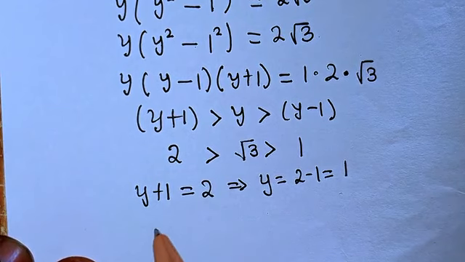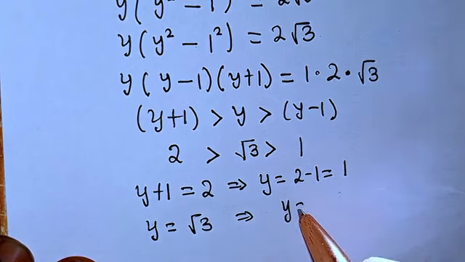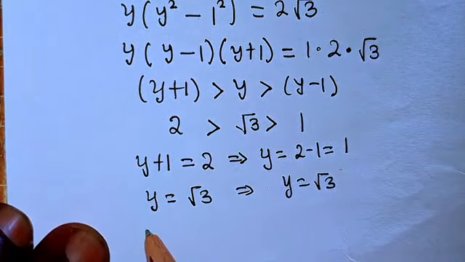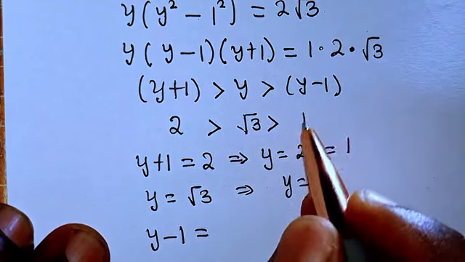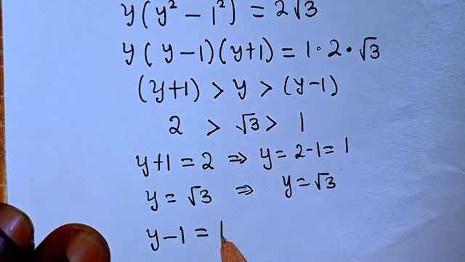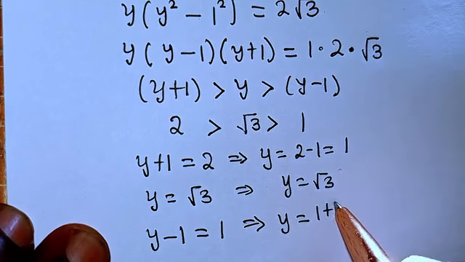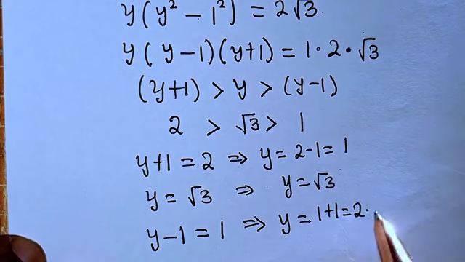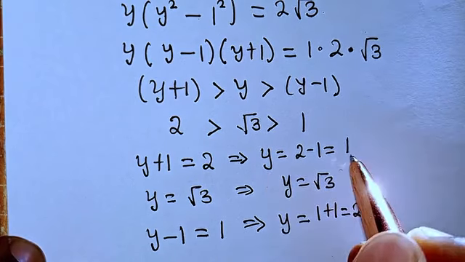Also we have y equals root 3. Lastly we have y minus 1 equals 1 when we do the comparison, which implies that y equals 1 plus 1, that is 2. So we have y to be 2, y to be root 3, and y to be 1.